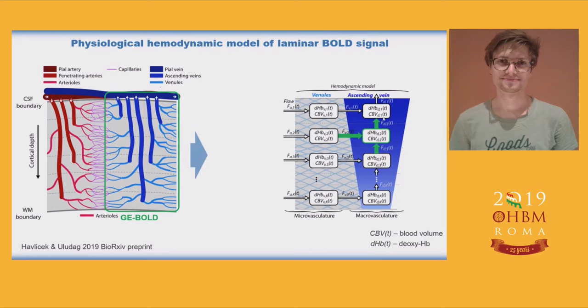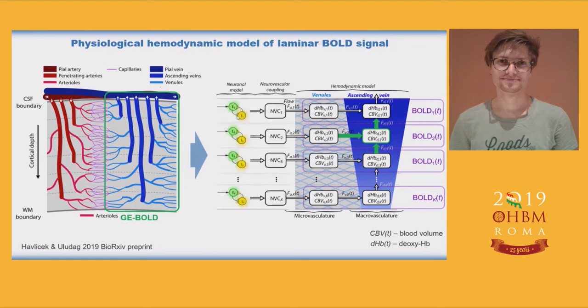In terms of the BOLD signal, both venules and ascending vein contribute. And because we want to invert this model and estimate the neuronal activity, the entire model is driven by depth-specific neuronal units, which are followed by feed-forward neurovascular coupling.